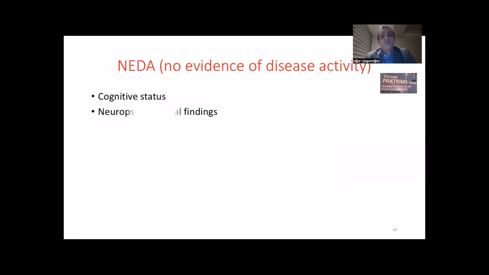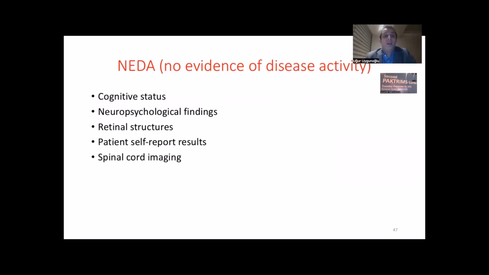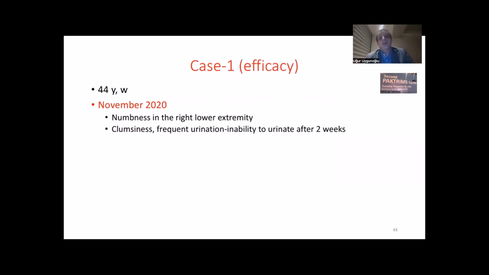For example, cognitive status, neurophysiological findings, or retinal structures, OCT. We are detecting some abnormalities at OCT in progressive MS patients, and also the patient self-report results. And we don't have sufficient evidence for spinal cord imaging for determining the progressive phase of the disease.